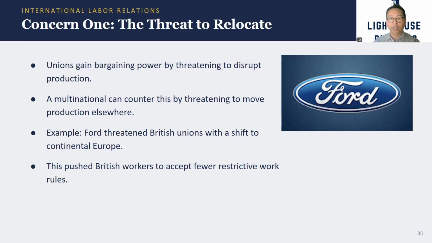Ford clearly threatened British unions with a plan to shift manufacturing to continental Europe, unless British workers abandoned restrictive work rules, showed more restraint in wage negotiations, and reduced strikes and other work disruptions.